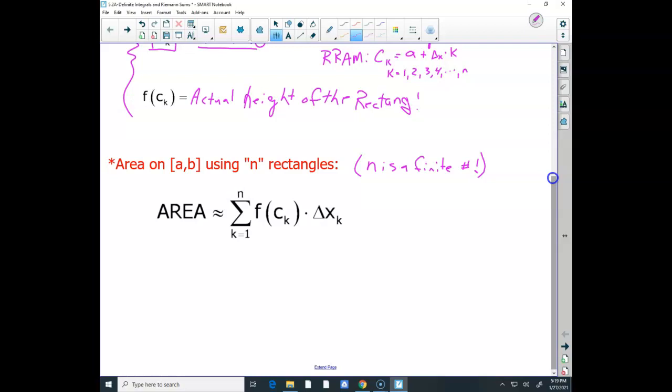All we did was we took all these areas, our n was a finite number, where we took our heights times our width, we summed them all up, and when n was a finite number, this was an approximation. This was an approximation of the area when n was finite. That's why the little doohickey is there, and was an approximation.